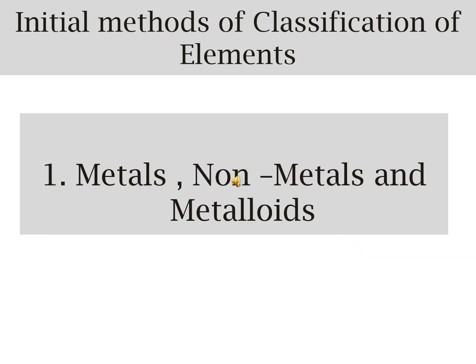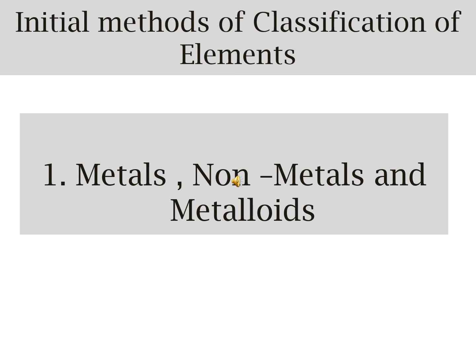The next slide doesn't have much to tell. It only deals with the initial methods of classification of elements, which we have taken up in the earlier lesson. Can you recall the various types of elements, that is metals, non-metals and metalloids?